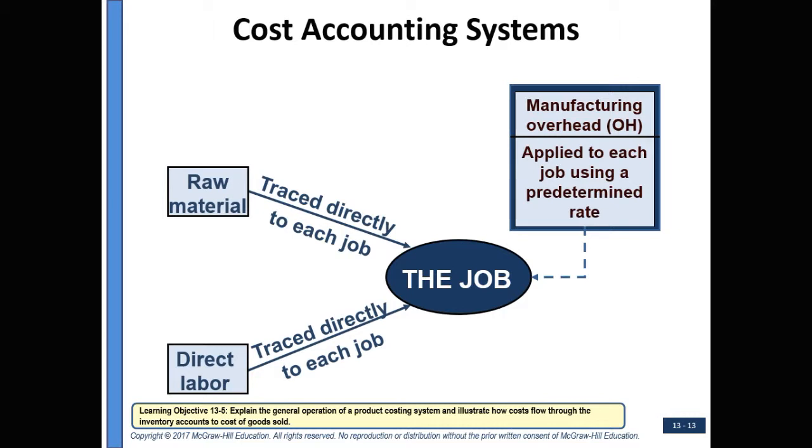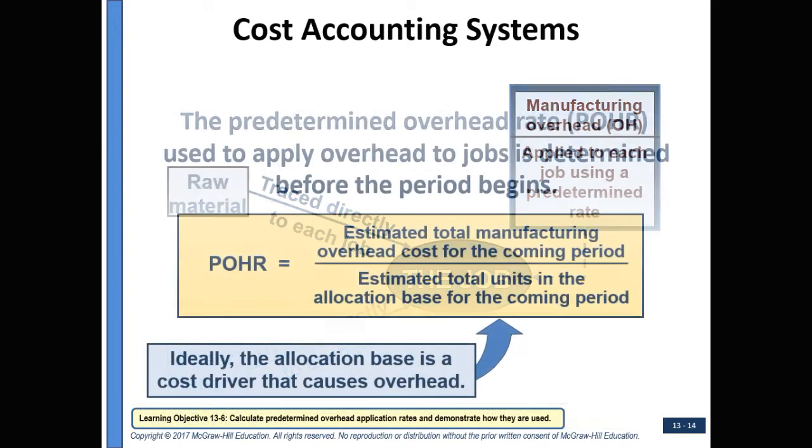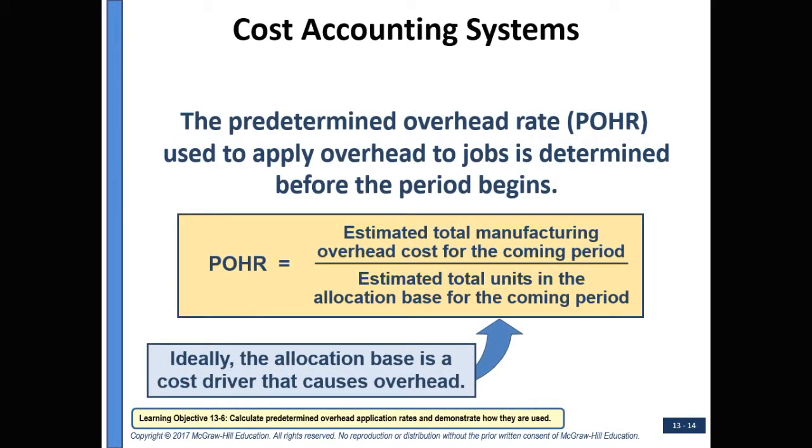Cost accounting systems trace the raw materials and the direct labor to each job, and then they apply manufacturing overhead to those jobs using what's called a predetermined overhead rate. That's going to be based off some management assumptions that are made.